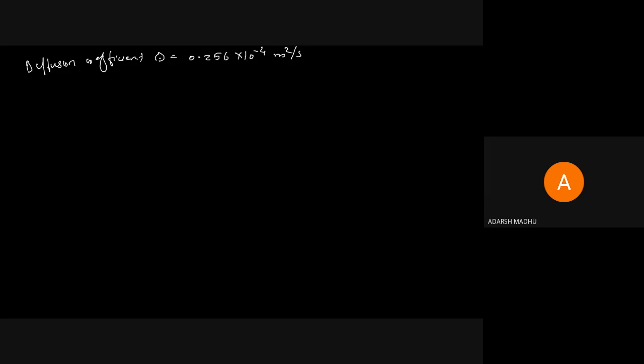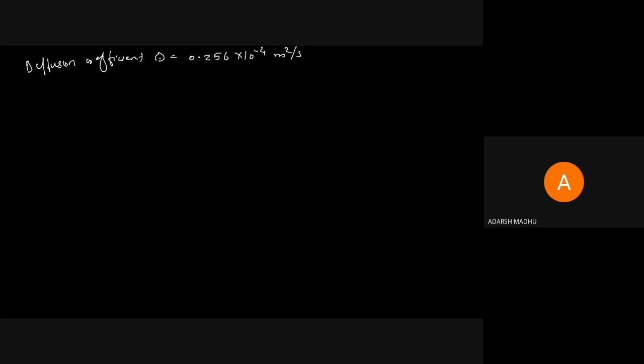It is to find out the HM value, given mu, D, and diameter. So it is clear that it is a convection mass transfer problem. That is the way to differentiate the two types of problem.